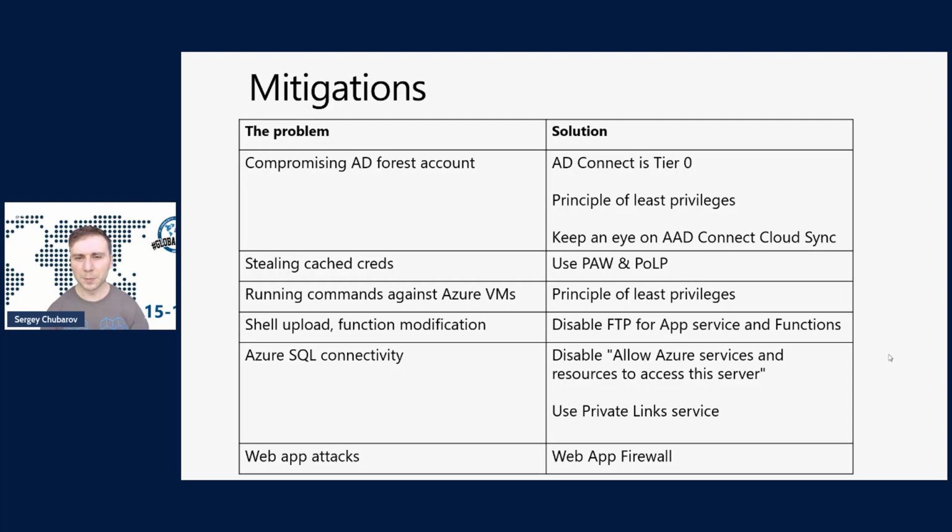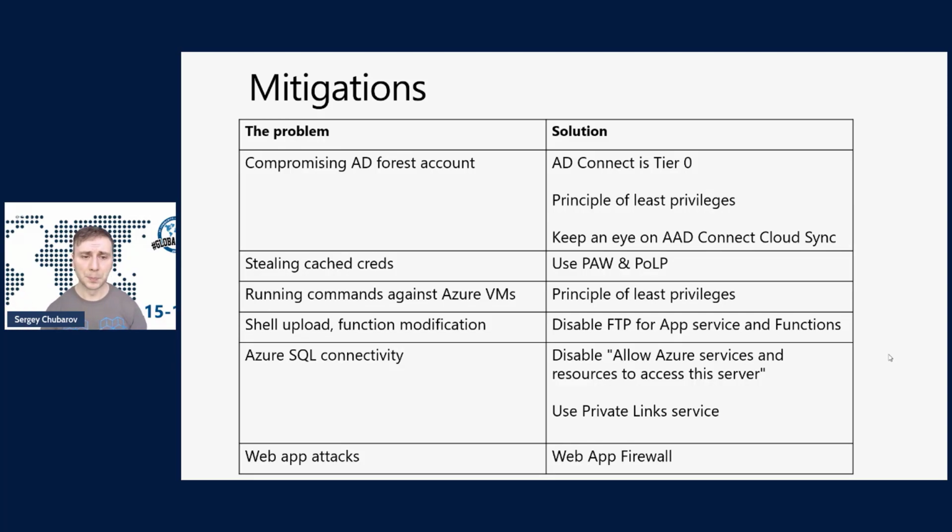You don't Google there, you don't use it as a regular workstation, just administer. That's a pretty nice idea. And also the principle of least privilege as usual. Run commands against virtual machines, when I ran commands: as usual, the principle of least privilege. Try to keep in mind that even reader permissions may be dangerous.